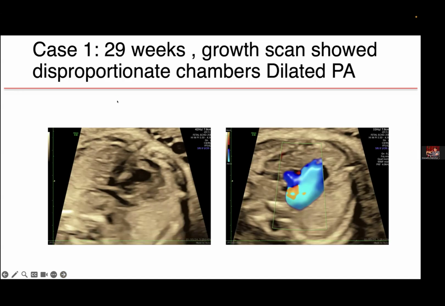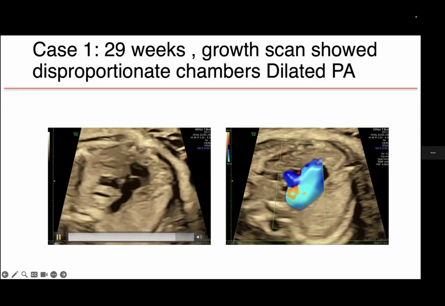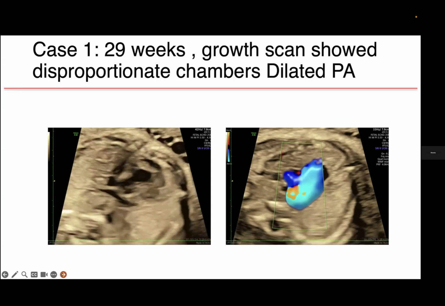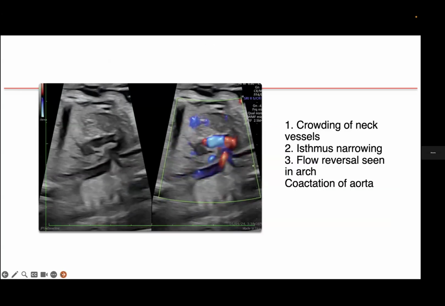So as we have well discussed about the factors for picking up coarctation of aorta in fetal life, among all factors, the dilatation of right heart remains the very important initial suspicion. Then there is a flow reversal across the arch of aorta, flow reversal across foramen ovale.